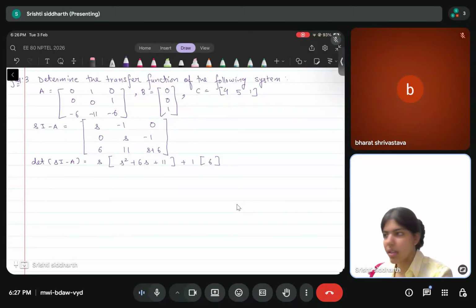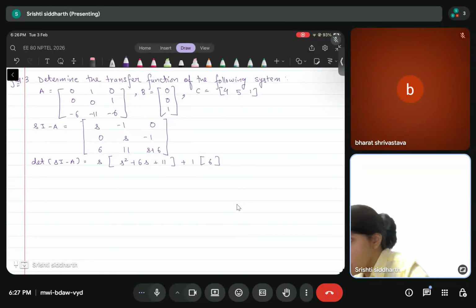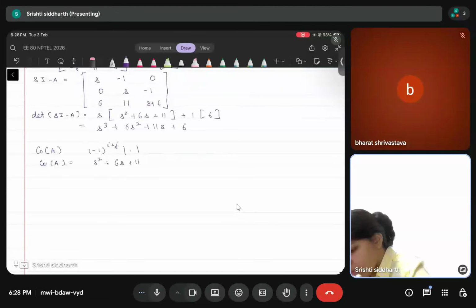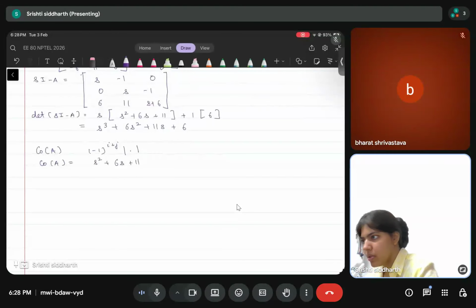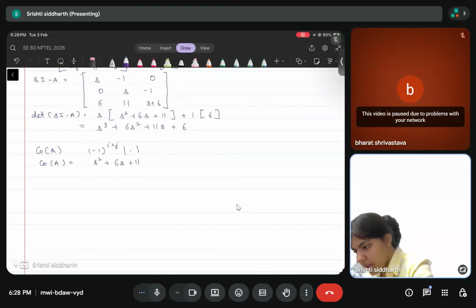You can just verify this later. s squared plus 6s plus 11, minus 6, and s squared. Alright, so after this, we'll compute the adjoint of the matrix. So this is the cofactor of sI minus A.